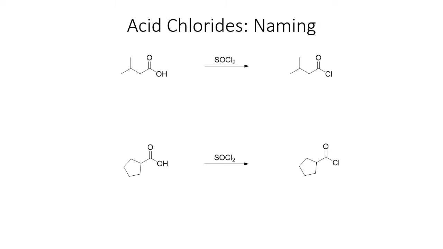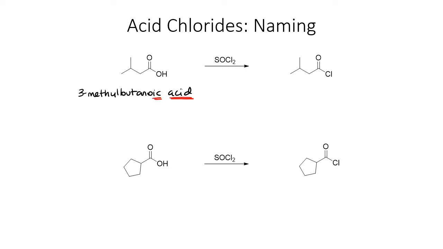Since acid chlorides are derived from carboxylic acids, their names are derived from carboxylic acids as well. So for this example, we have 3-methylbutanoic acid. And what we're going to do is replace the IC with YL, and replace the acid with the word chloride.